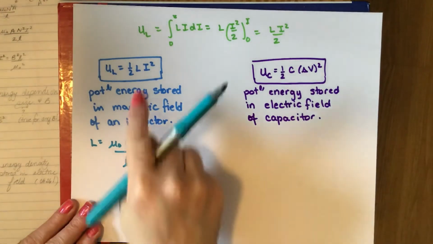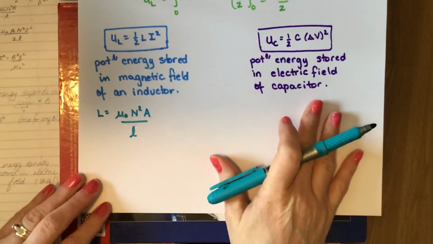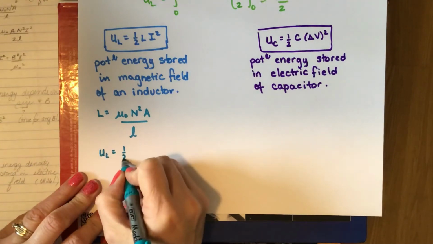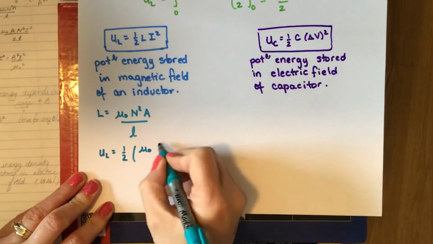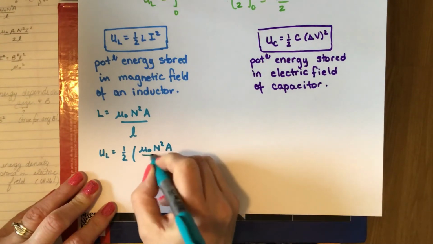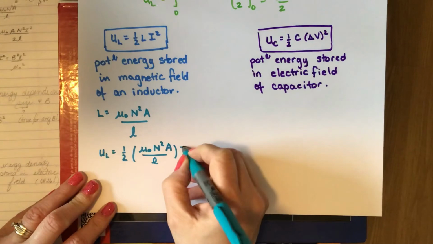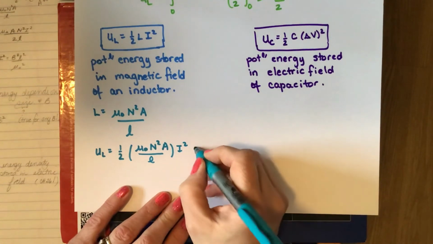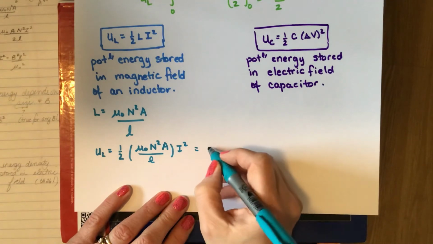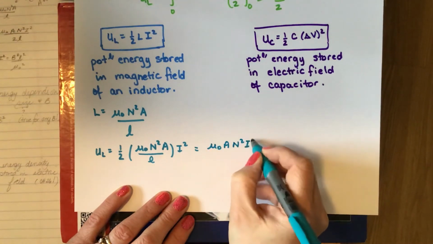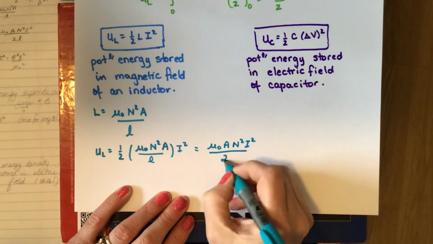So let's plug this in to this equation and see what we get. So UL equals 1/2 times mu naught times n squared times A divided by L times I squared. So let's see, how am I going to write this down? I'm going to write down mu naught times A times n squared times I squared over 2L.